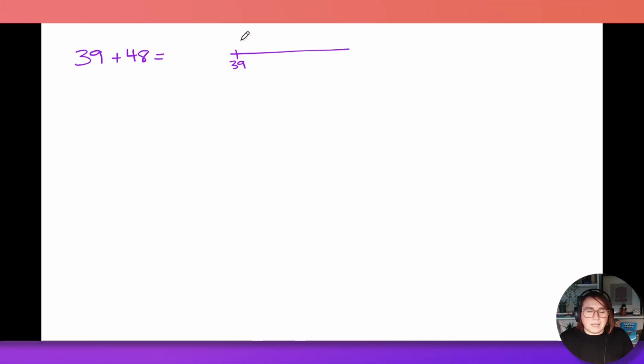If we see 39, I know that I just need to add 1, and that gets me to 40, and 40 is way easier to work with. I might add 40 plus 48 and even use an over strategy, which gives us 88, but that's too much. I'll take 1 away, and that gives us 87, right? Could be something like what kids do.